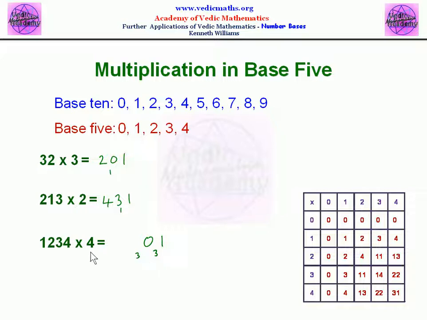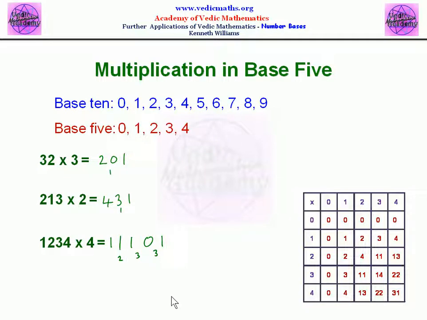Now we have 4 times 2, and 4 times 2 is 13. I've got to add 3, the carry 3, onto the 13. So if I add them on in ones, I'll get 14, 20, 21. I get 21, put down 1, carry 2. Finally, I have 4 times 1 is 4, and 2 is 11. 11101.